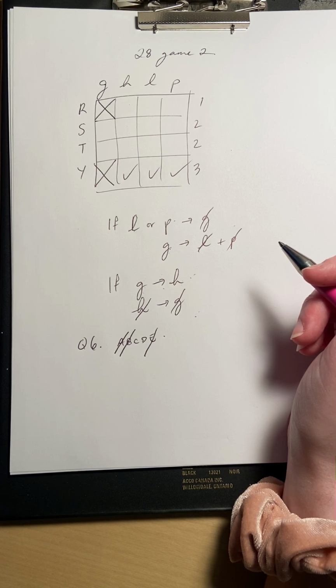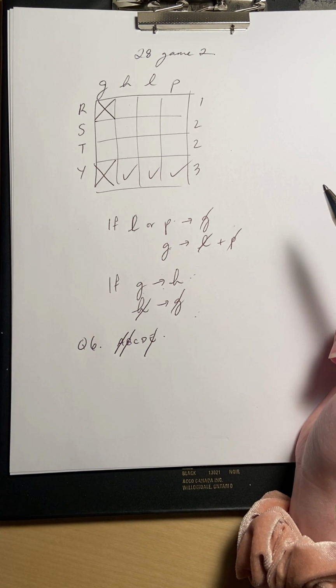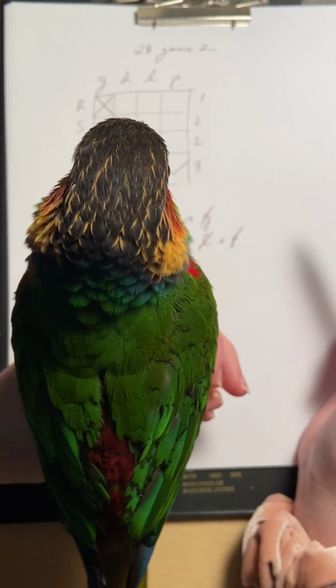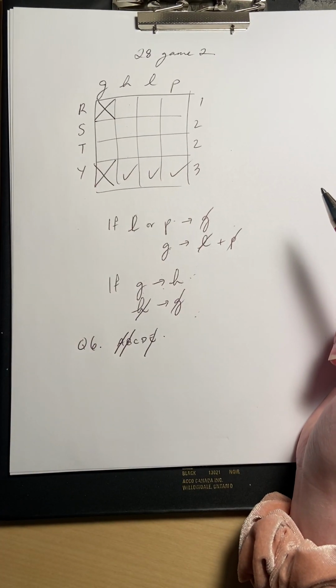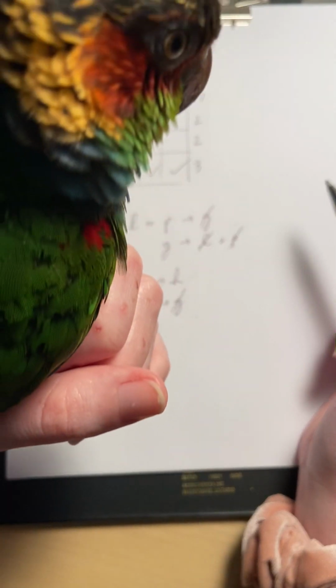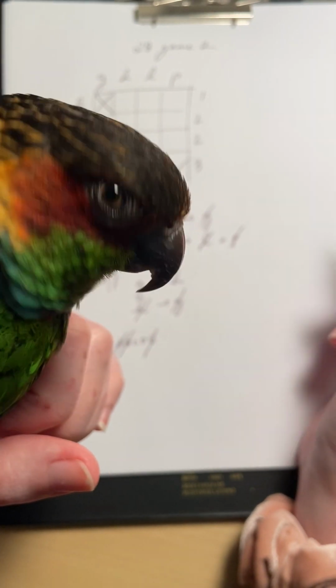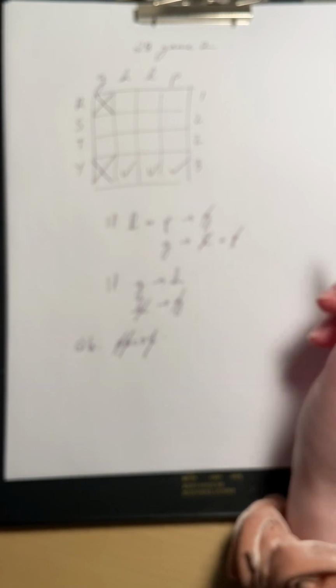Yeah, I know, chicken. I know, baby. There. Little parrot. I know, baby bird. Little goof. You little goof. You goofy bird. You're very cute.